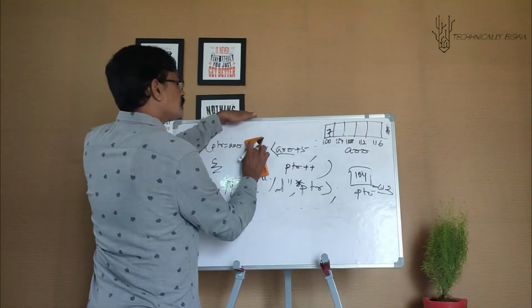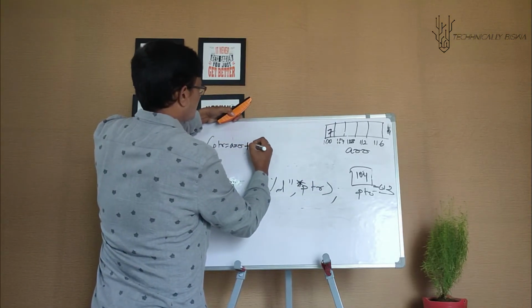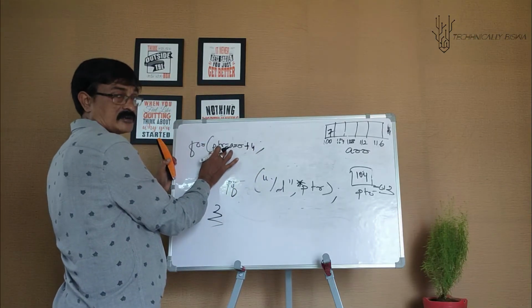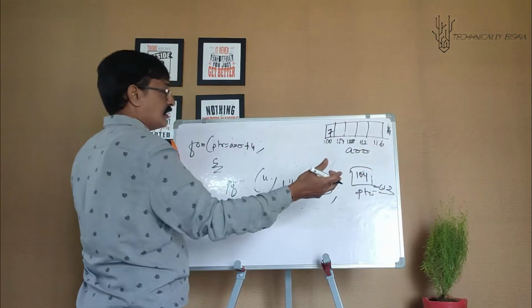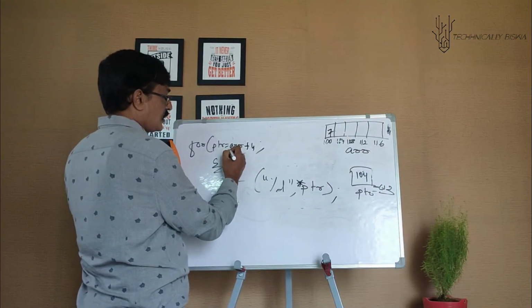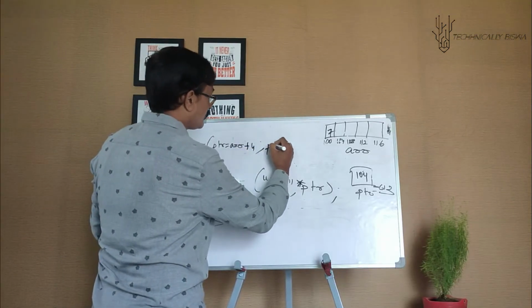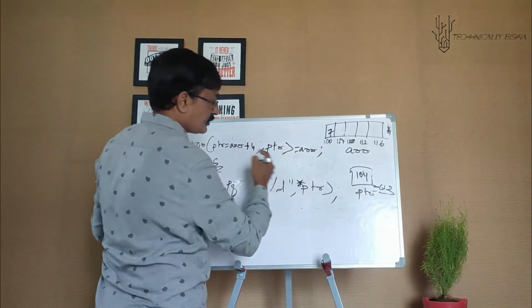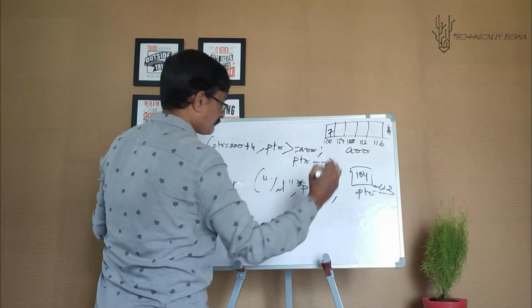I want to print the values in descending order, assuming from end to beginning. What will be my change in the loop? Tell me. ptr equal to ARR plus 4, because I know it's the 0th address, 0 plus 4, the 4th address, the 5th element in real. This is the calculation: ARR 100 plus 4 into 4, 116. ptr greater than equal to ARR, because I am going in the reverse order and I said ptr minus minus.